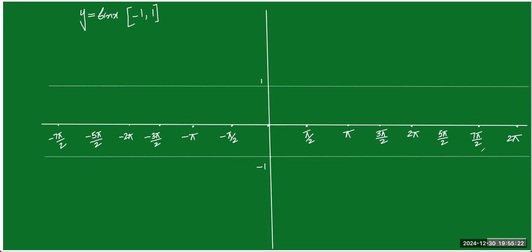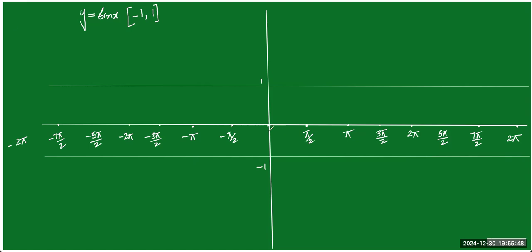Then pi to 3 pi by 2 means 270 degrees. And 3 pi by 2 to 2 pi means the complete circle. Understand? Okay, so here somewhere it is minus 2 pi. Now start. First of all, the first value, what is the sin 0?